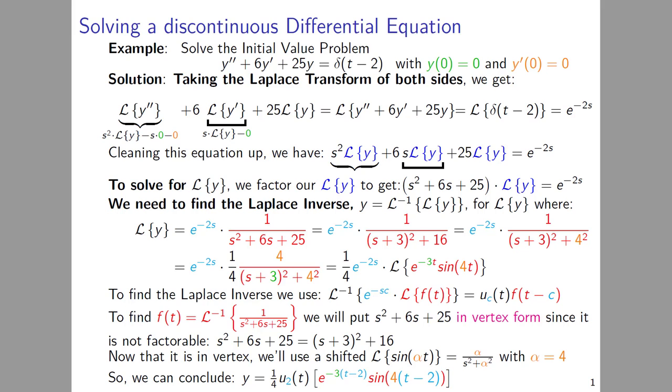Before ending this video, I would like to make an observation about the solution that we found. Notice that our initial value problem had the outside forcing function delta of t minus 2. This is an impulse function that happens right at the moment t equals 2.